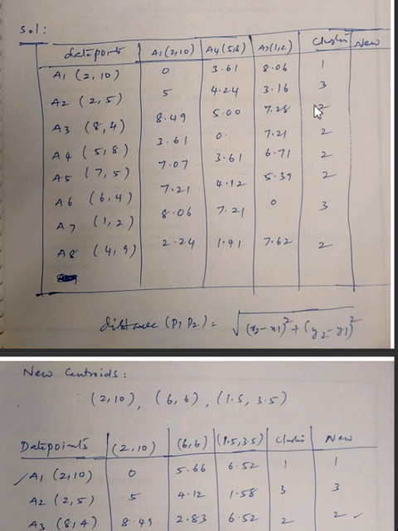To calculate the second centroid, we need to take the average of all 5 data points under the second cluster. That will become 6 comma 6: 8 plus 5 plus 7 plus 6 plus 4 by 5, that is 30 by 5, which is 6, and here also 30 by 5, 6, so 6 comma 6. For the third centroid, we take the third cluster's data points, A2 and A7, so it becomes 1.5 and 3.5.